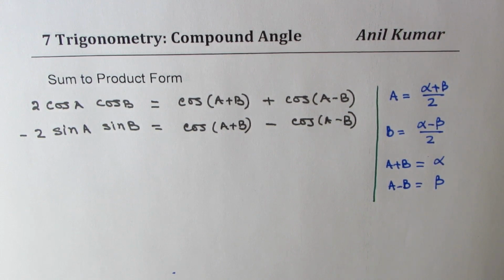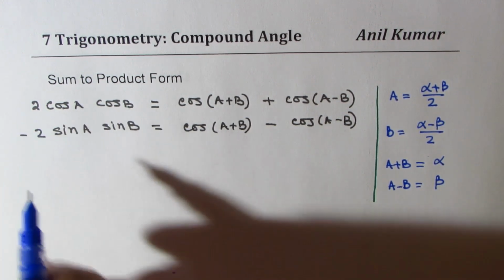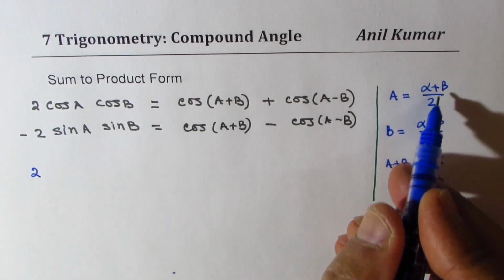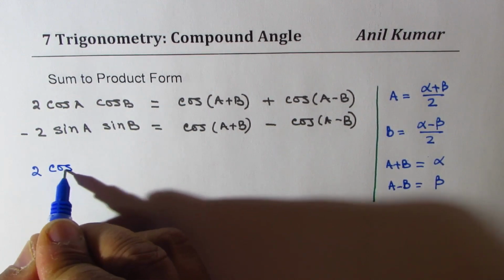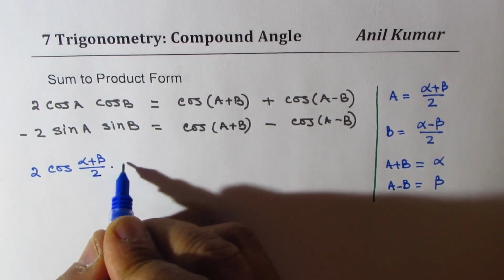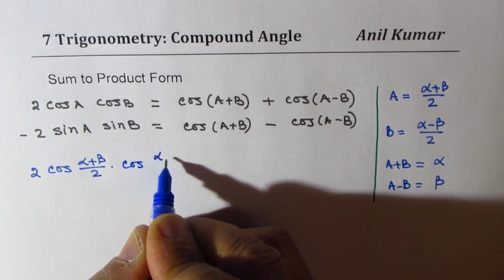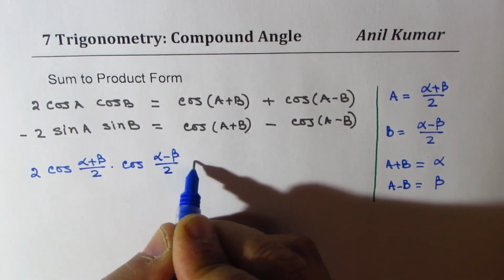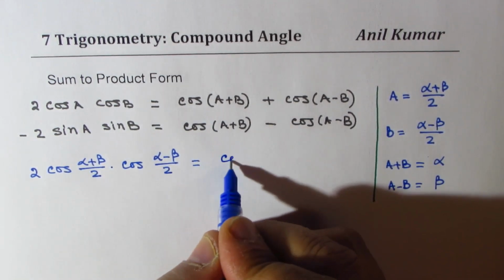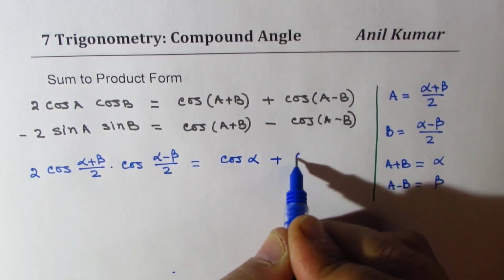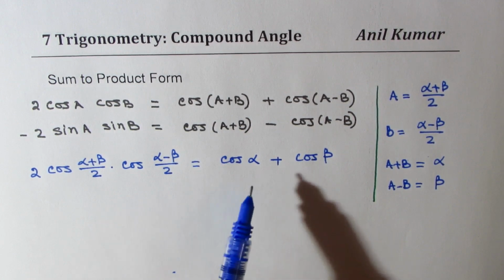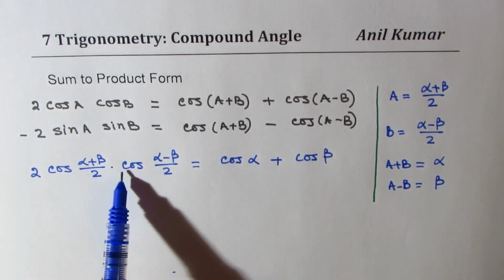So once you do that, what happens? Let's get back to these formulas. So we get twice cos of (alpha plus beta) by 2 times cos of (alpha minus beta) by 2. And since A plus B is alpha and A minus B is beta, that is cos alpha plus cos beta. Is that clear? So the sum has been written in product form.